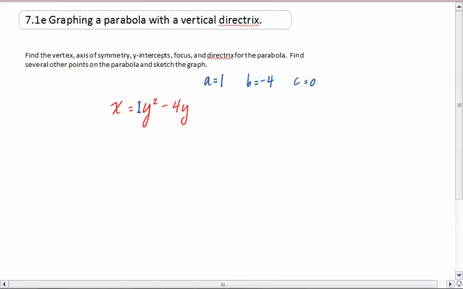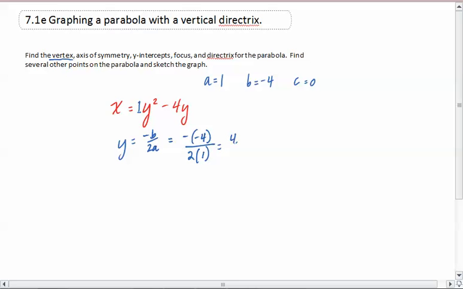It says to find the vertex. So the vertex, in this case, wouldn't be x equals -b over 2a. It would be y equals, oh, goodness gracious, -b over 2a. Okay? So y equals -b over 2a, and let's see what we get. -b, that's -4, over 2 times 1.